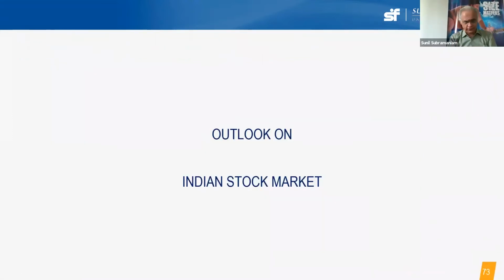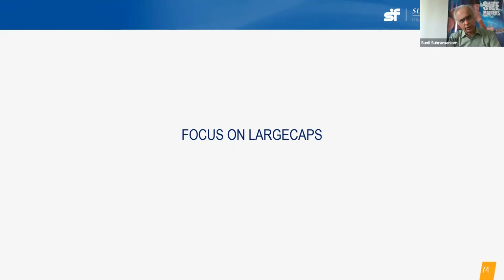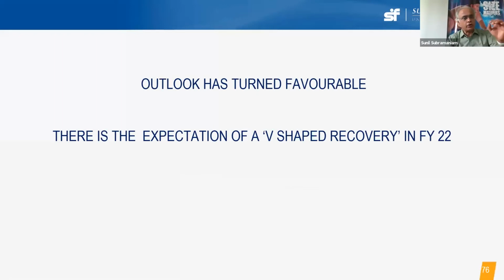So based on this, let's now look at the stock market. You can see that earnings are not going to be great immediately, but there is a chance of a V-shaped outlook in the future. Now when you look at it as a cap curve and look at our large cap space, FII flows, and I talked about this before. The reason the FII flows turned favorable and are expected to continue that way is the expectation of a V-shaped recovery in large caps, because people expect large caps to recover much earlier than mid caps and small caps.